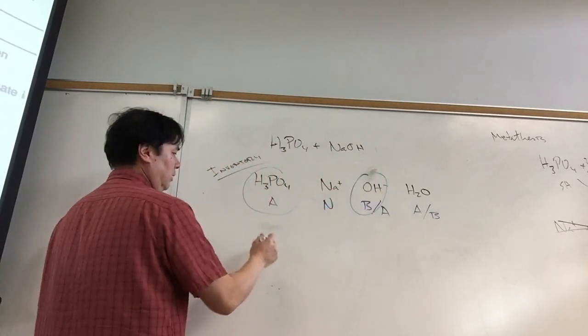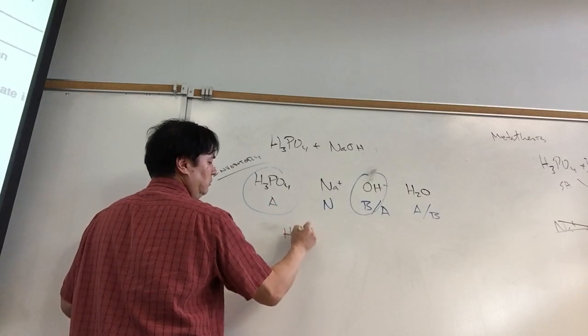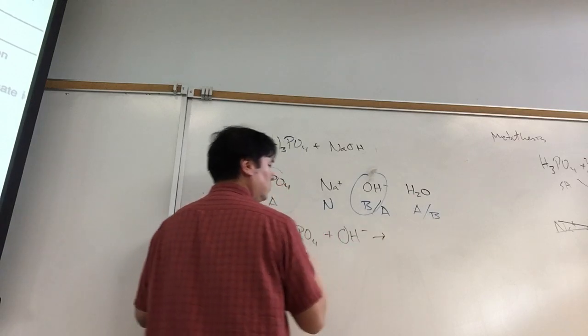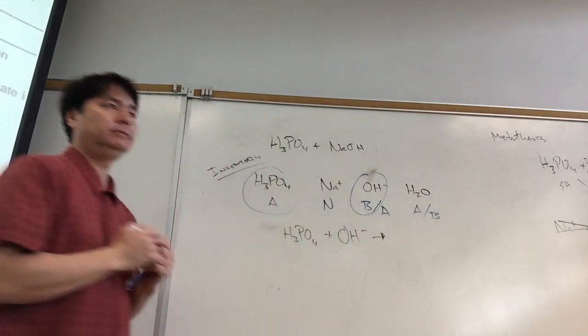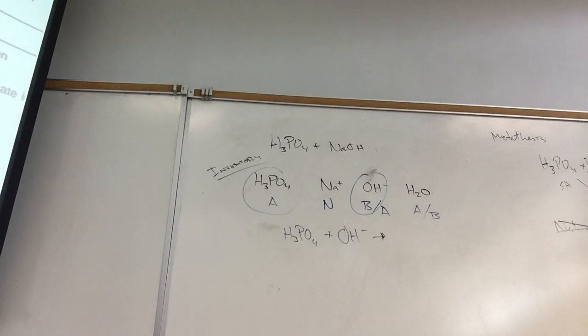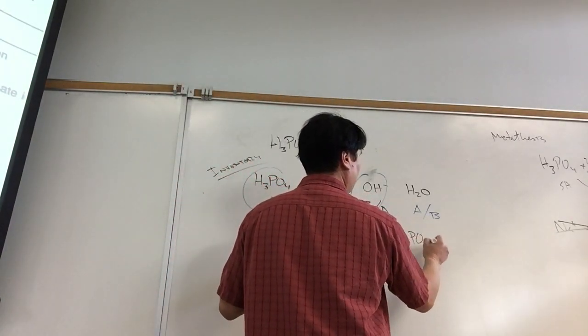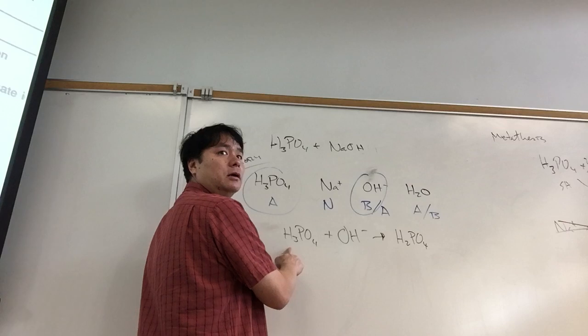And then we react the strongest acid present, H3PO4, with the strongest base present, hydroxide. And we're going to get, what are we going to get? We'll figure it out. H2PO4 2 minus.